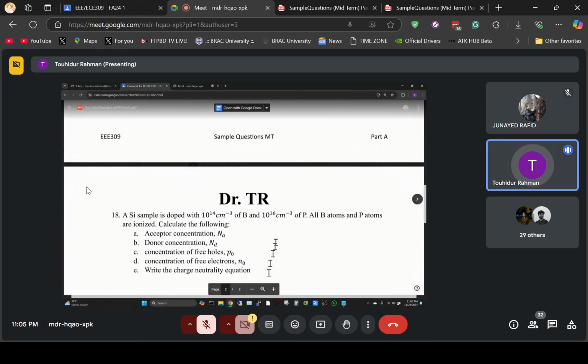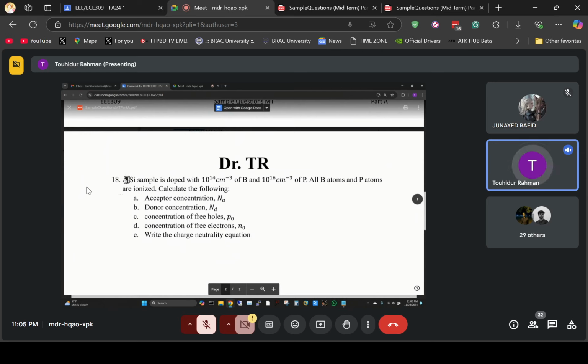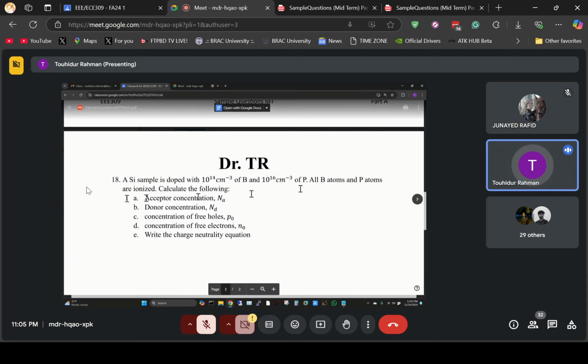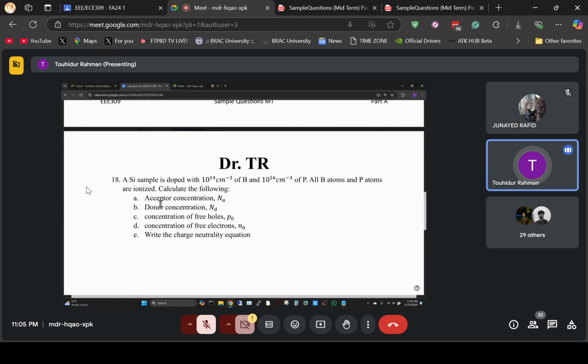So your question is, a silicon sample is doped with this and that. All boron atoms and phosphorus atoms are ionized. Calculate the following. You should be able to calculate the acceptor concentration, right? It's the same as the concentration of boron.